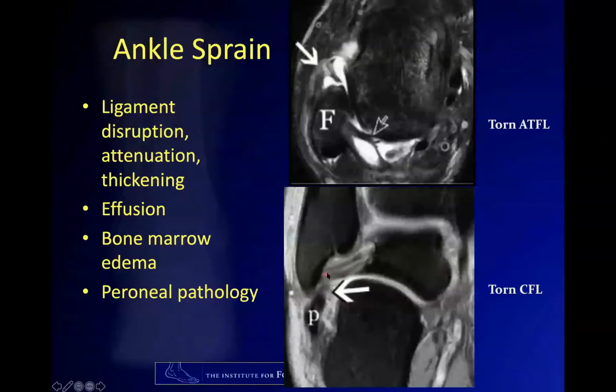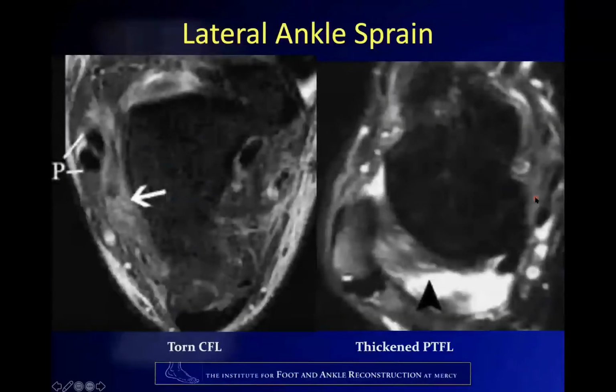So we should see here at the posterior talofibular ligament that there are some striations. You don't see a normal thick band. And then we should see the calcaneofibular ligament coming off the tip of the fibula and diving deep to the peroneal tendons. We lost it in this image.